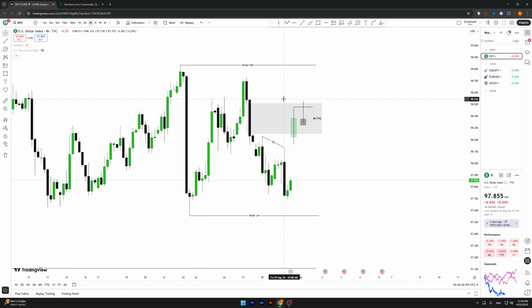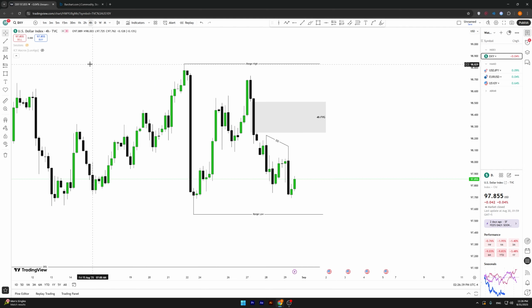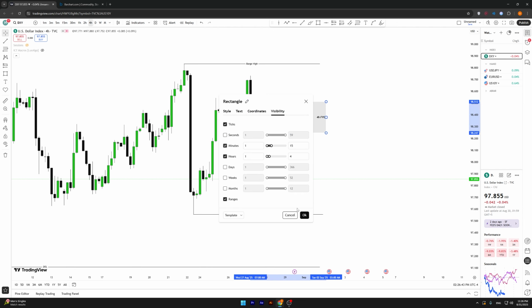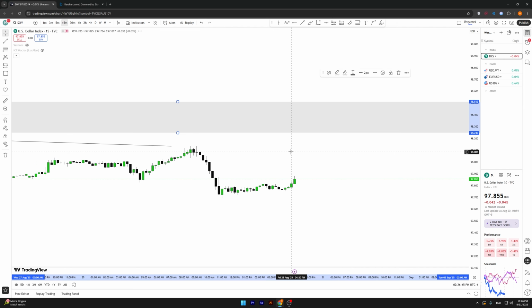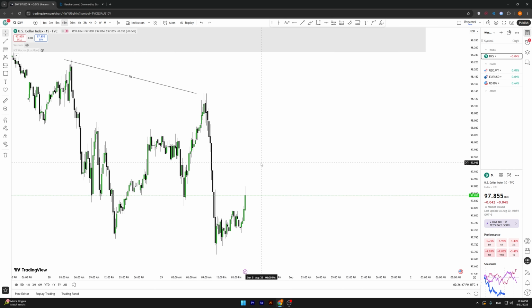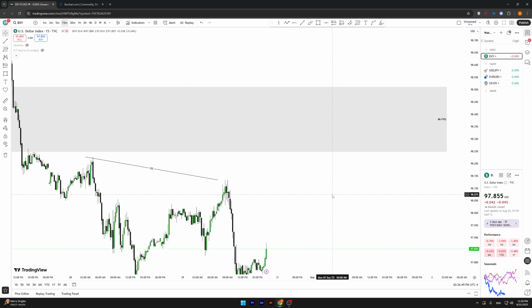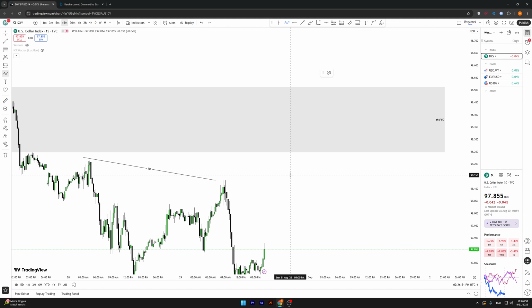But I will wait for the price first to create this CRT model at this key zone at 4-hour time frame, and then I will look for entry at 15 minutes. Even if price doesn't create a CRT model, then I will directly look for price to create this model in 15 minutes like this.